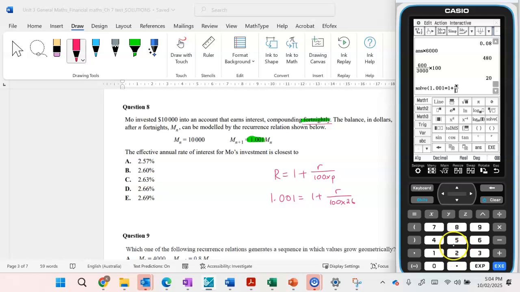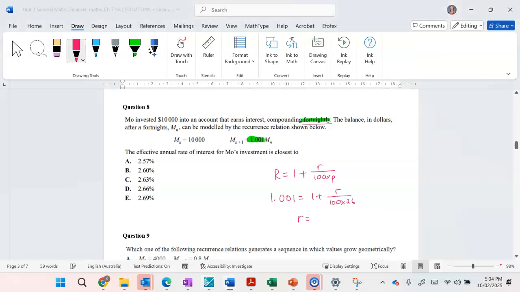You can just do 100 times 26, but if you know that is 2,600, you could do that too. Doesn't matter. Probably safer just to type it in as it is in case you miss out on a 0. All right, so r is equal to 2.6. It's 2 decimal places, so that's why it's 2.60.